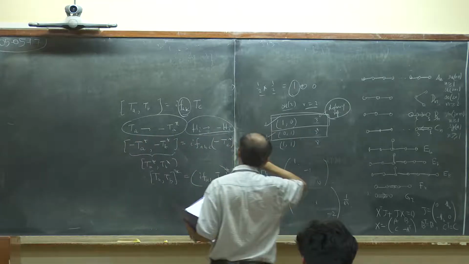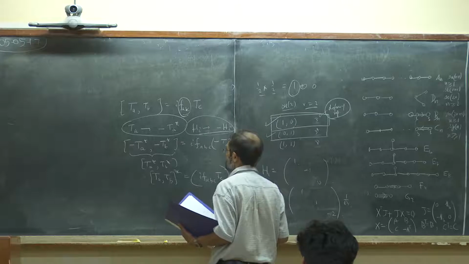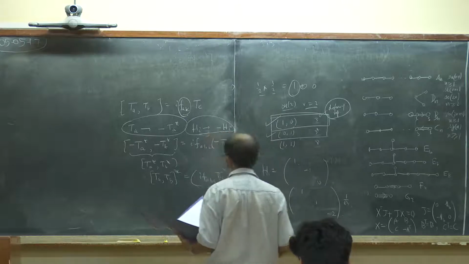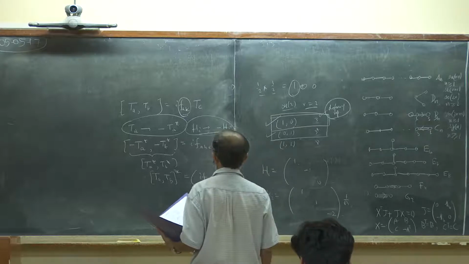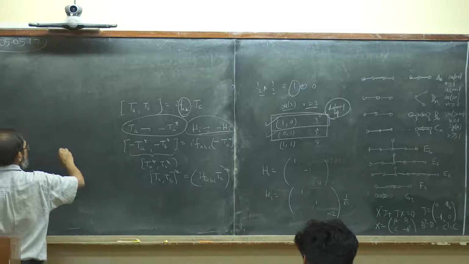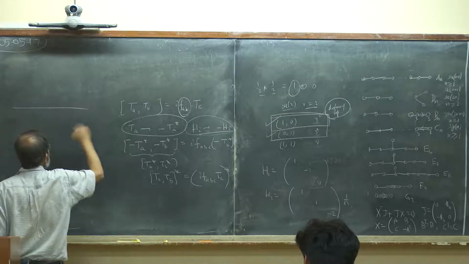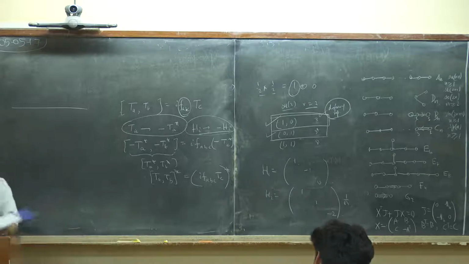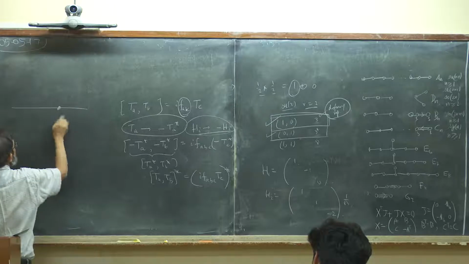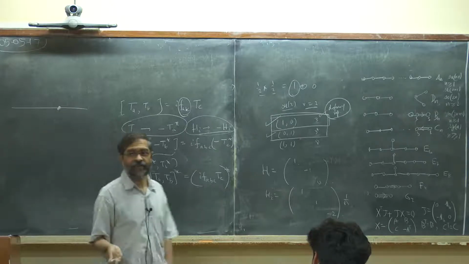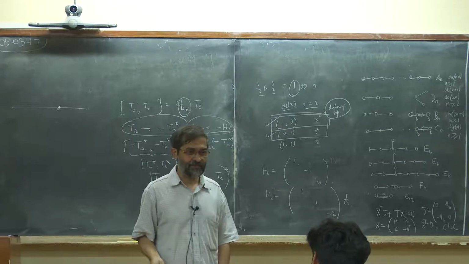What we will do is use explicit tensor notation. And by the way, I forgot to say that these are all simple generalizations of what we do for SU(2). In the case of SU(2), there is a fundamental representation, which is the spin half representation. Why is this the fundamental representation?